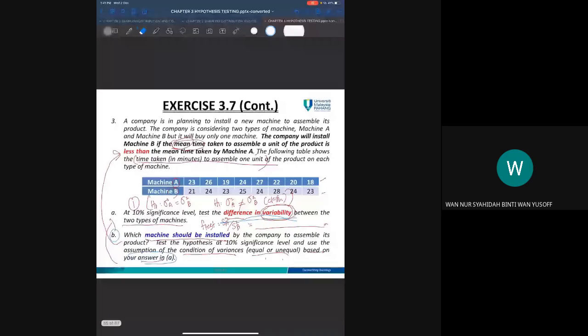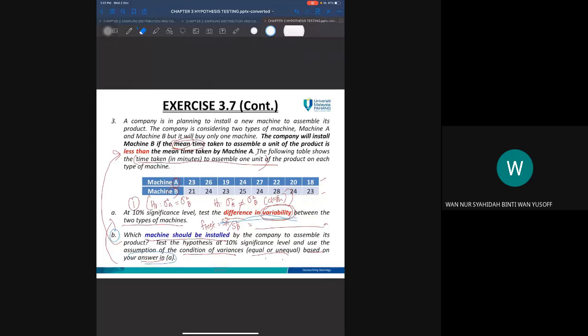It is an independent sample question with the unknown case. So you don't have the condition of equal and unequal population variance, so you have to test first. Test the ratio first and then go to the independent test.